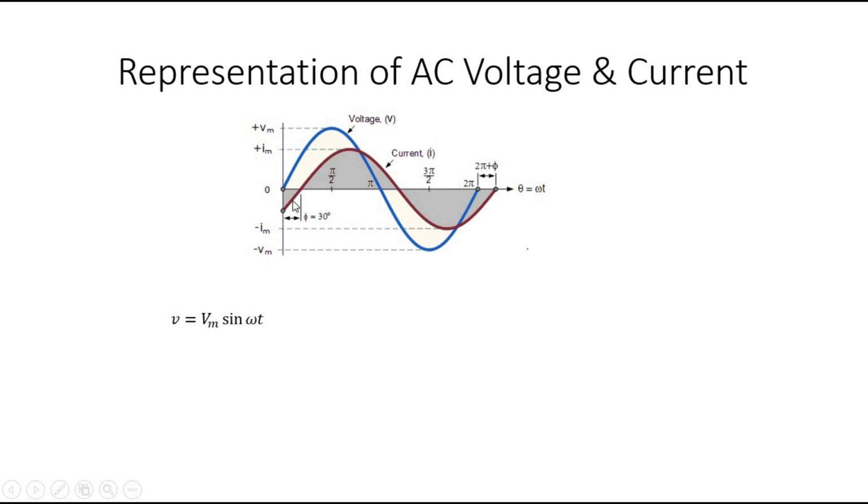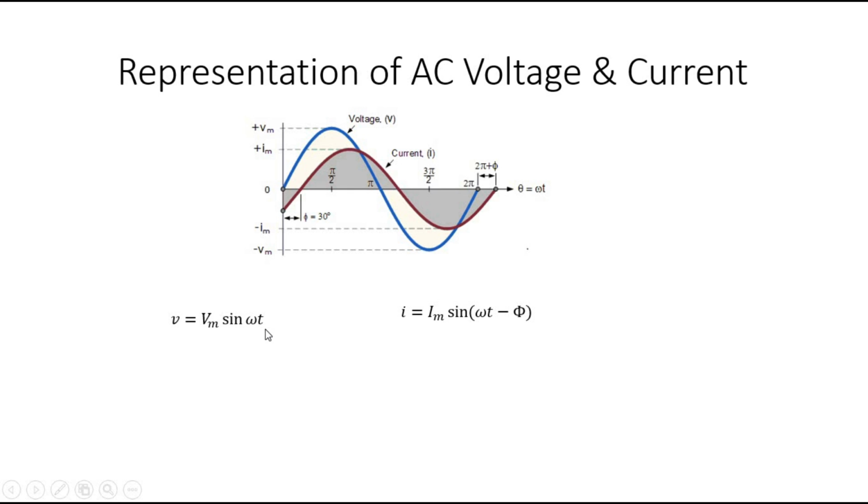And if you look at the current, it is starting delayed, or lagging, by an angle φ. Here the maximum value will be different, Im. So i equals Im sin(ωt − φ).